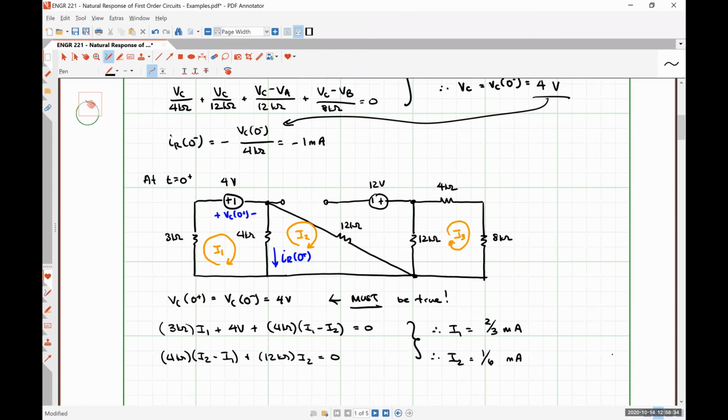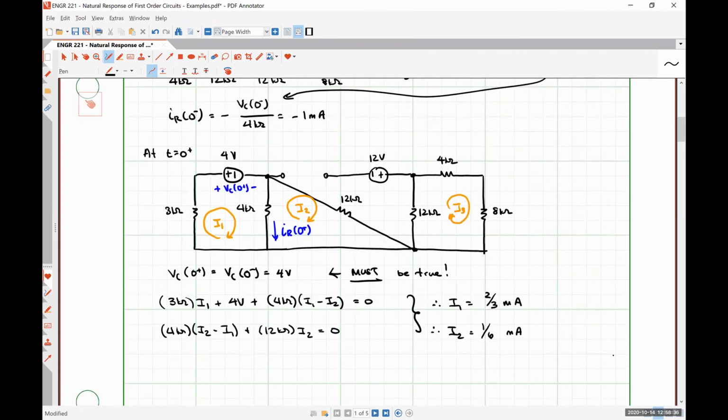So using those two values, how can I determine what IR at 0 plus is? There's a small mistake there. So 4, I'm assuming you mean 4 kilo ohms. Right, so when you multiply resistance times current, does that give you current?